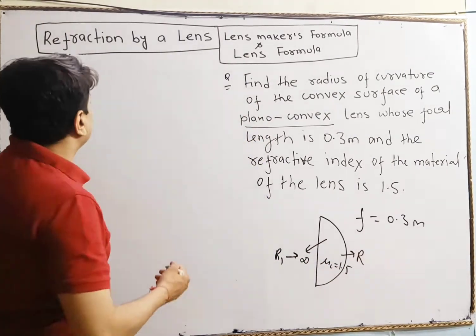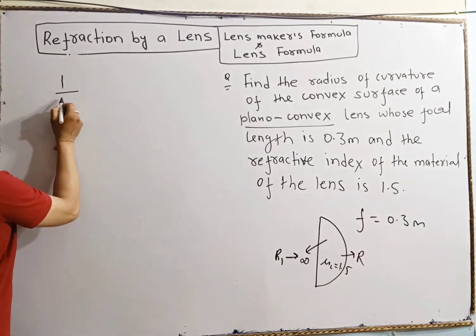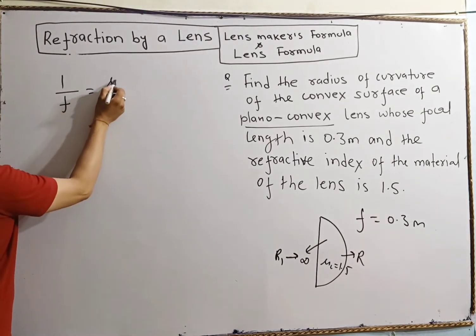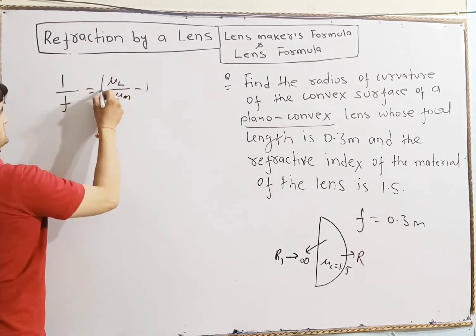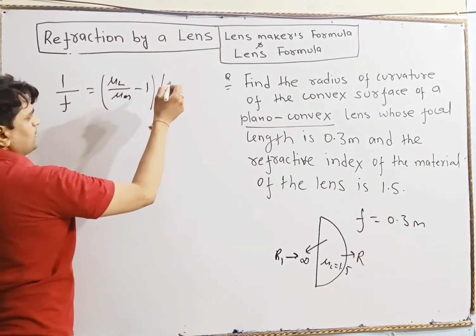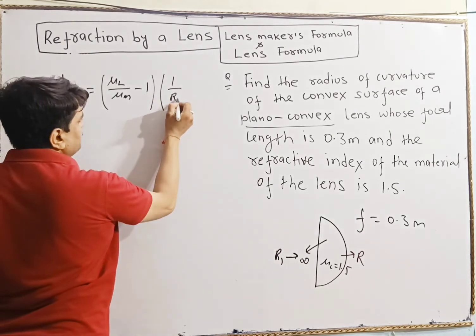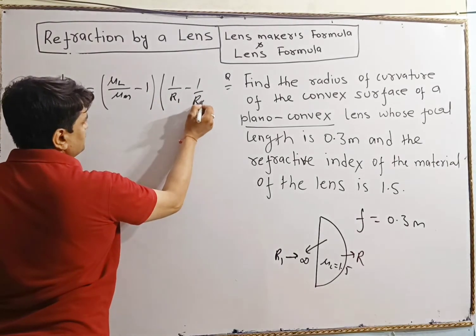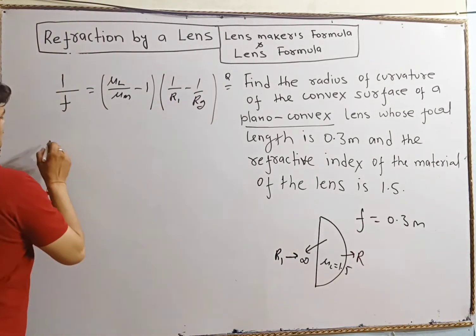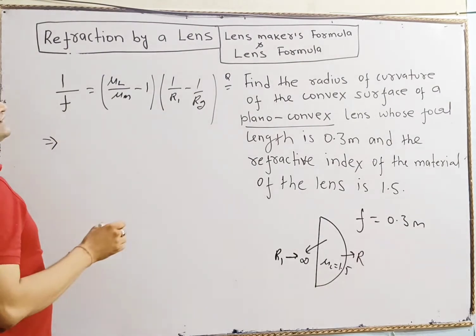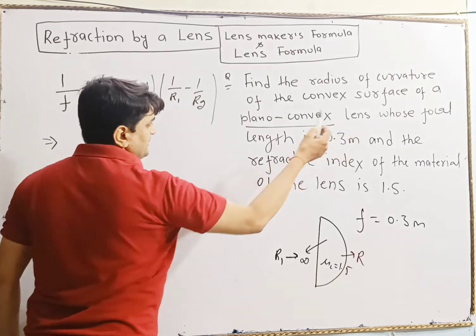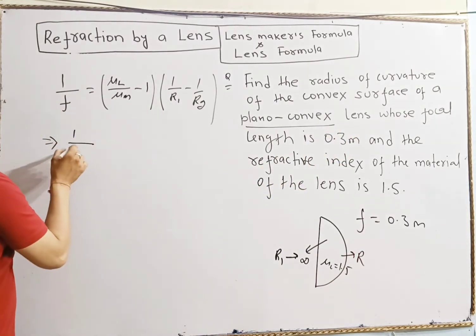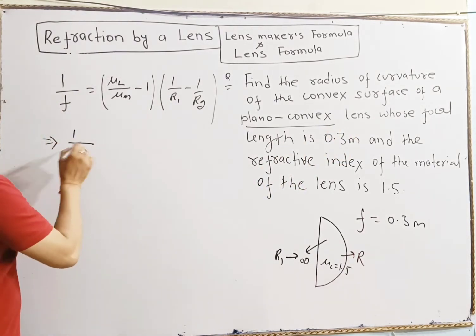Just put in the values. We have the lens formula: 1 upon F equals (mu L upon mu M minus 1) into (1 upon R1 minus 1 upon R2). The focal length is given as 0.3 meter, that means 1 upon 0.3.